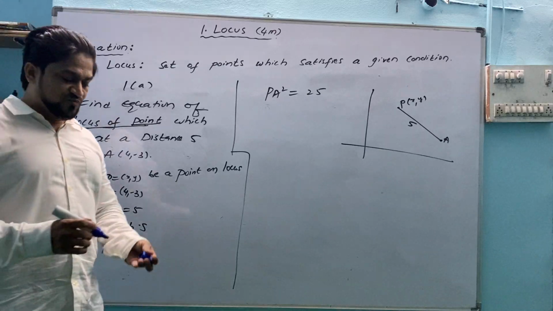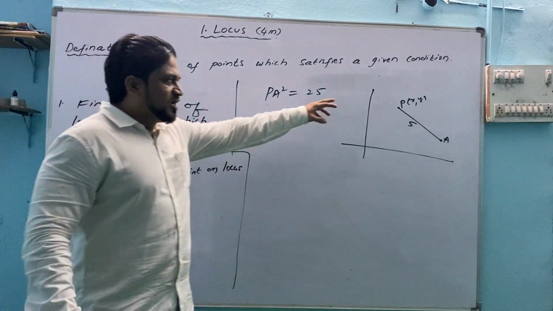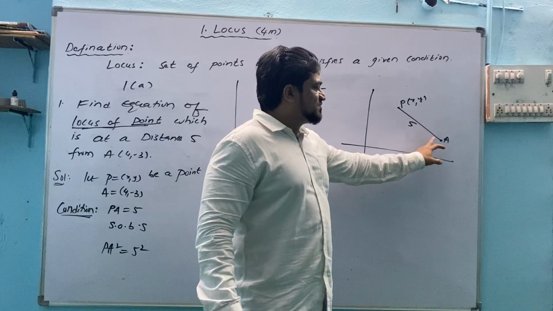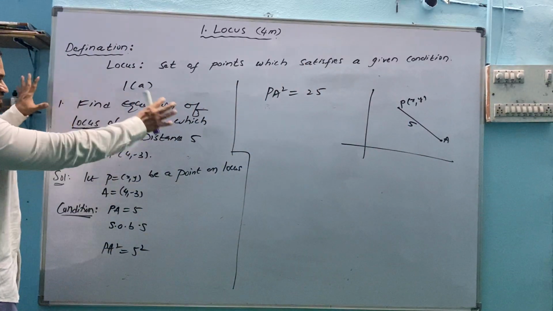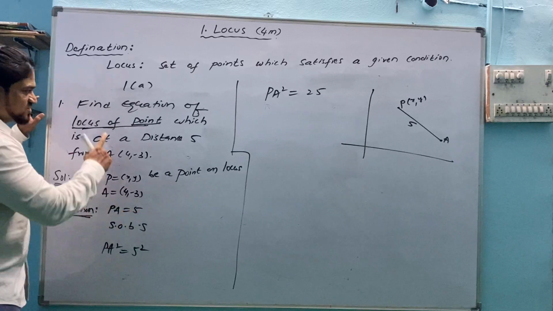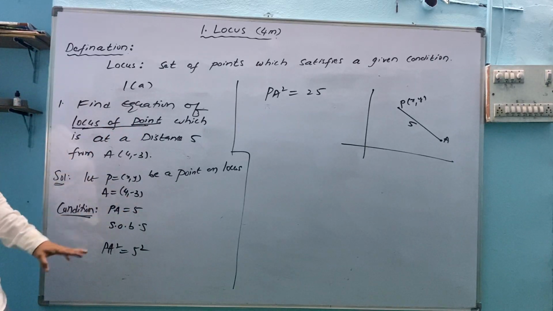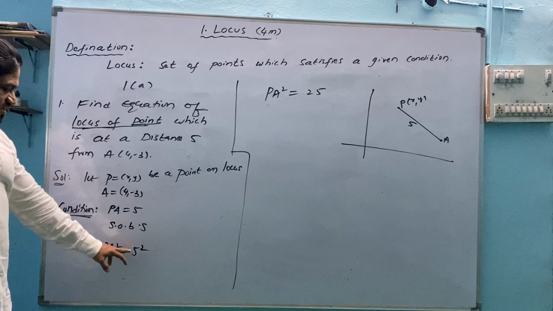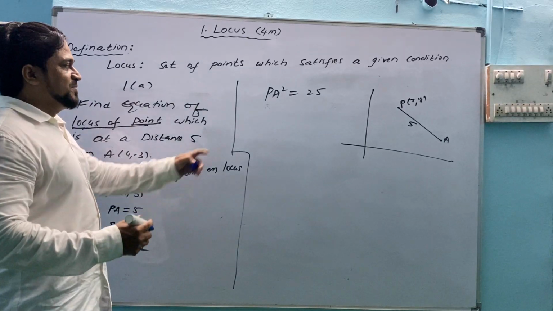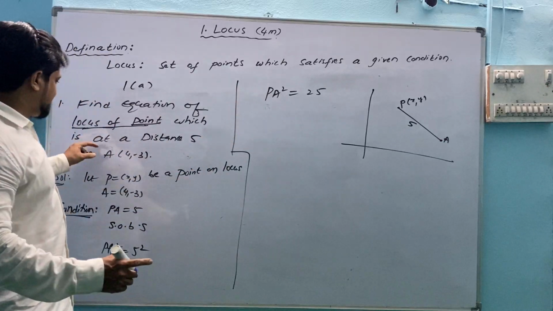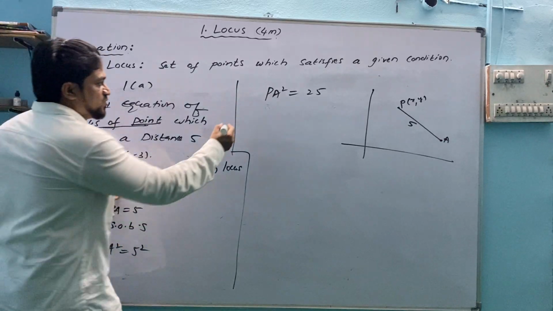There is a point P which is at distance 5 from A. So PA = 5. By reading this, we get to know the condition that is used. By squaring on both sides, PA squared = 5 squared. Why are we squaring? To avoid the square root. PA squared: just watch, P and A are here. First minus first, whole squared.